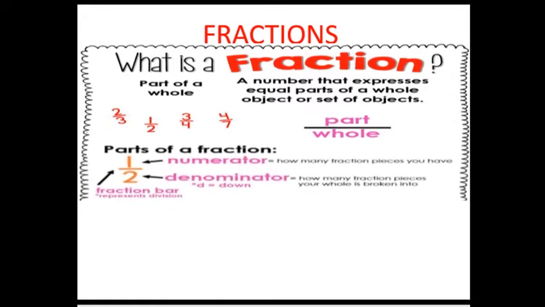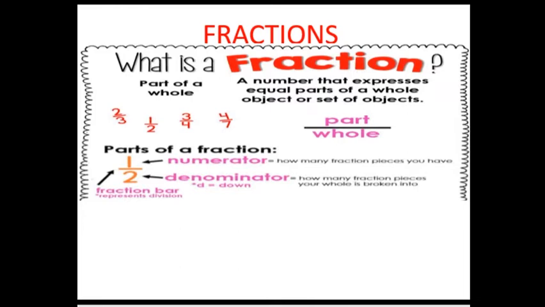Now how are we representing it? 1 upon 2 or 2 upon 3. Here some examples are given: 3 upon 4, 4 upon 7. So 1 is taken as numerator. How many fraction pieces do you have? It shows 1 as numerator and 2 as denominator.